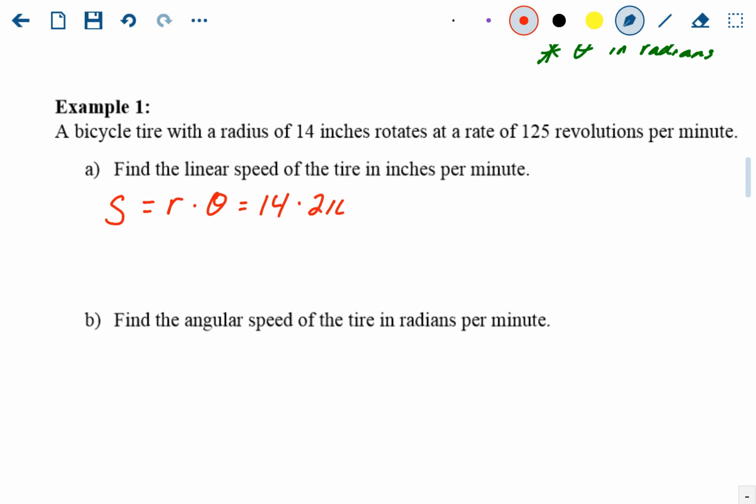But it's not just going once around a circle, it's going 125 times around the circle. So we're going to have to do 2 pi times 125. Now again, those parentheses don't mean anything. I just want to show that the 14 is the radius part, and the 2 pi times 125 is the theta part.